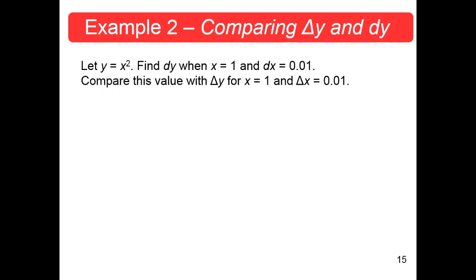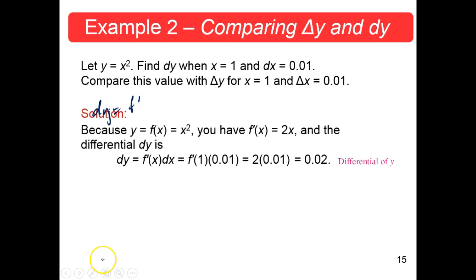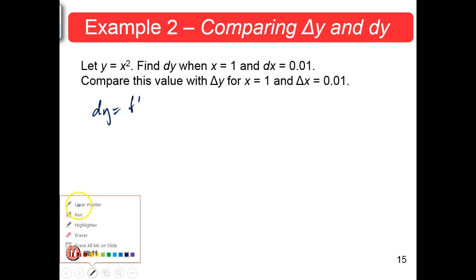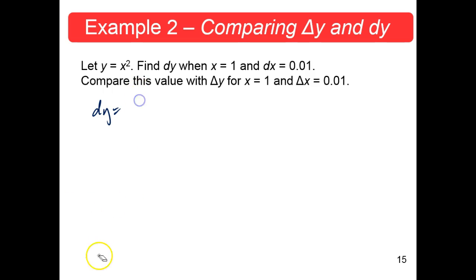Would it just be 2? Because if you did dy, isn't that just the derivative of x squared? Okay. Yeah. dy is equal to f prime. Let's just call it y prime, which is derivative, right? y prime dx.